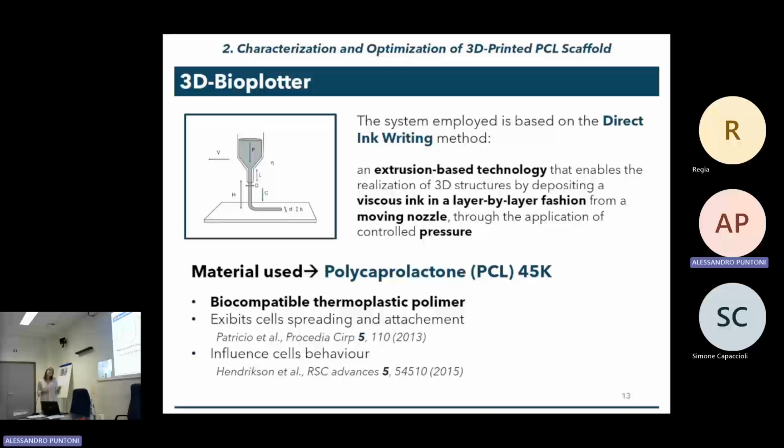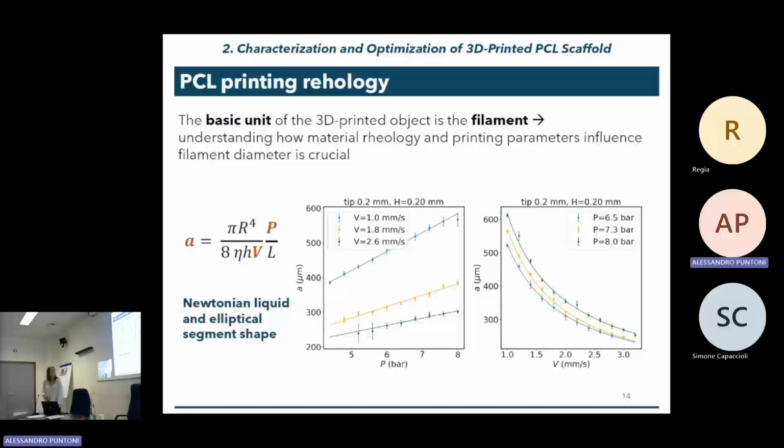In this phase, I use polycaprolactone, which is a biocompatible polymer, and there are studies where polycaprolactone can influence and differentiate stem cells.